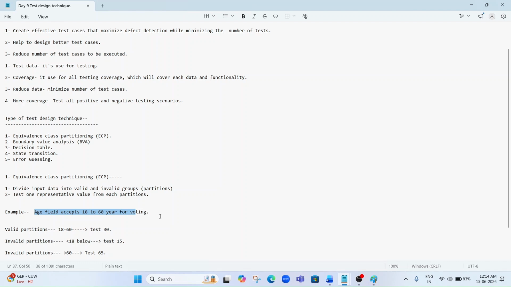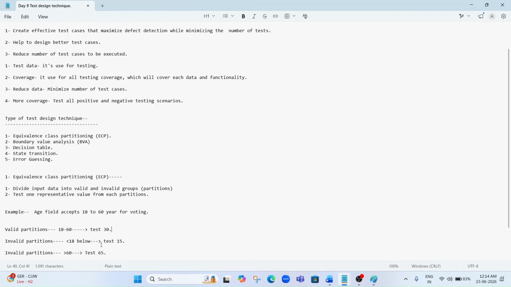So we have tested our scope, 18 to 60 years for voting. A person aged 18 to 60 is able to vote. So we prepared the test cases, and that test data we have partitioned into key scenarios. Valid partition 18 to 60, like 30, we have tested here, and it passes. Invalid, like below 18, is not allowed as per the government rule.